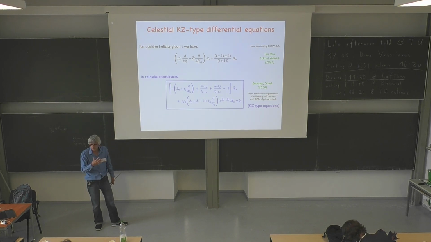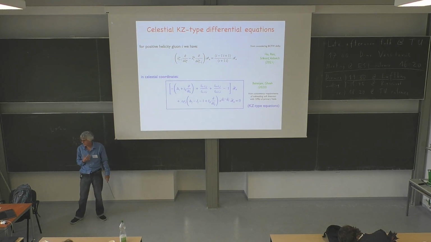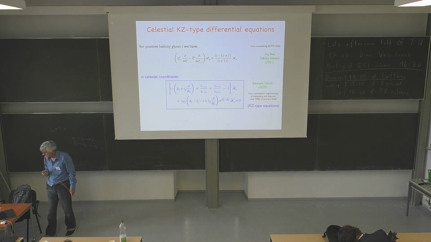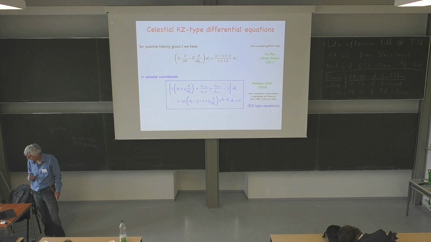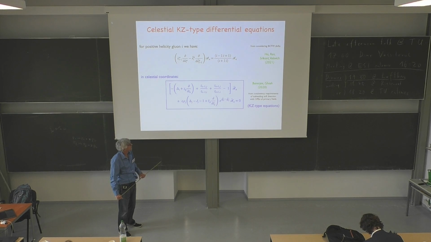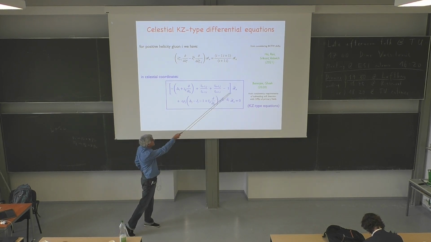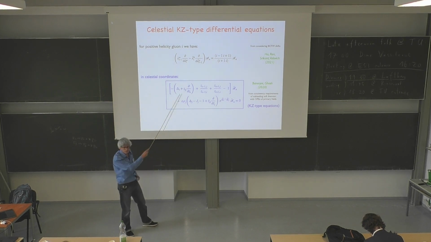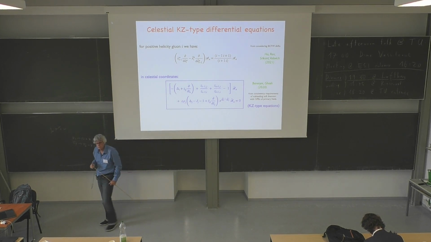So maybe that is the right thing at loops. I haven't followed it since that time, but I think there has not been anything generalizing this to loops since then.